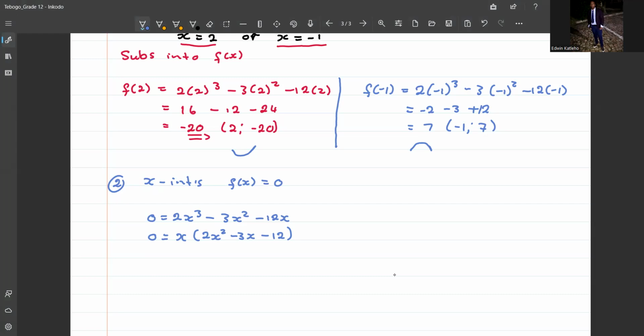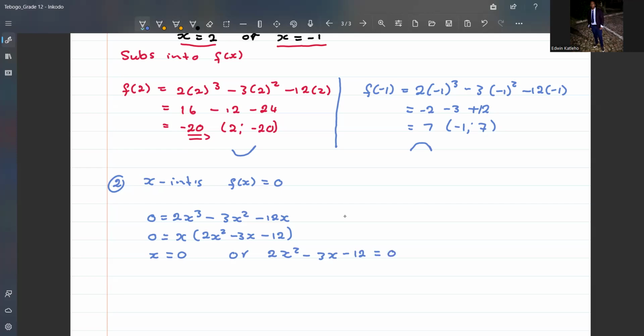Okay. So we can leave the x as it is. Since it's not easy to factorize this, we would have to use the quadratic equation to solve this one. The first x coordinate is going to be x equals 0, or we're going to then take this whole equation of 2x squared minus 3x minus 12 equals 0.